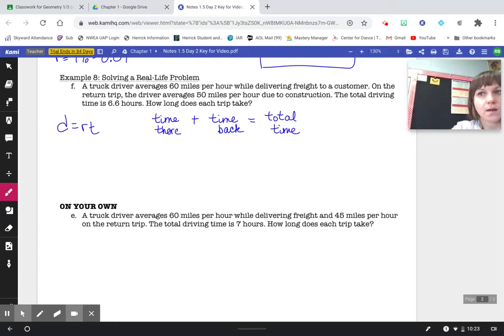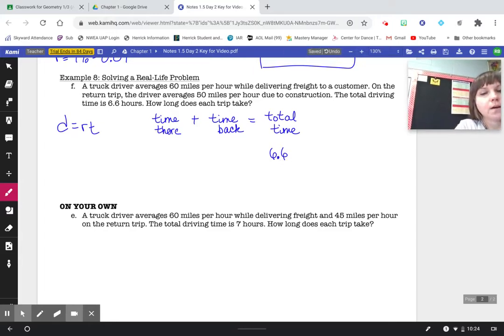So we have to get creative. I don't know the time there, but I know that the driver drove 60 miles per hour. I don't know how long it took to get back, but I know that the driver was averaging 50 miles per hour. The total time I do know. So we know that this is going to be 6.6 of an hour.